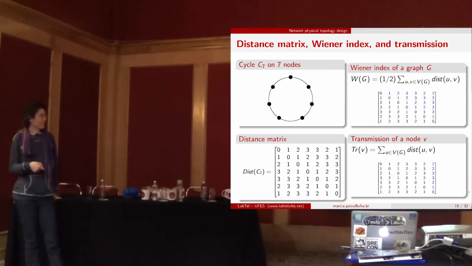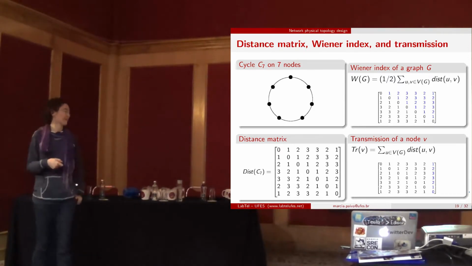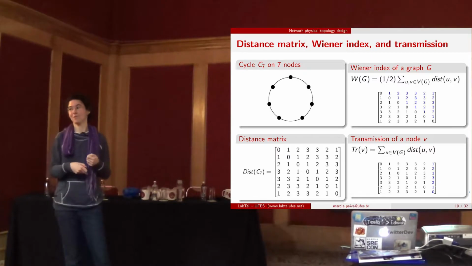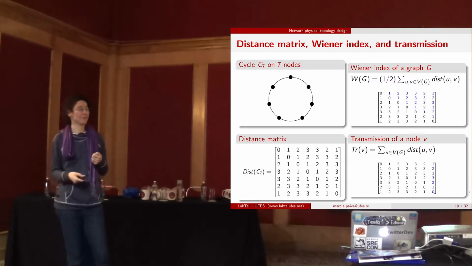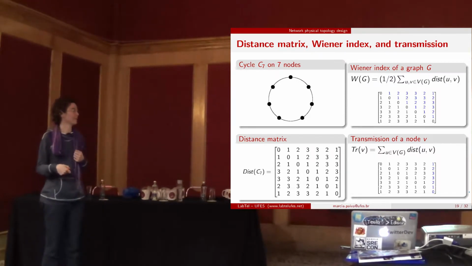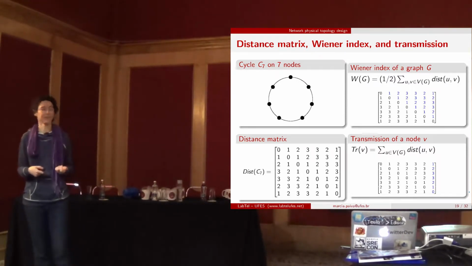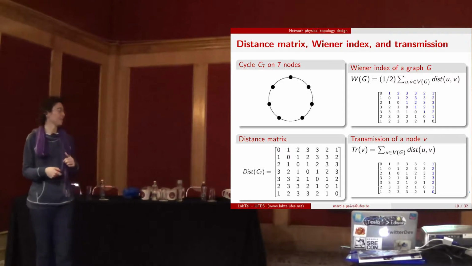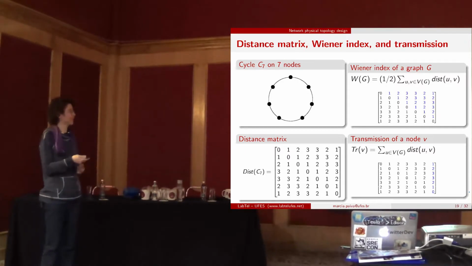Then the transmission of a node is just the sum of the distances from a particular node to all other nodes. So you just have to sum a row or column of the distance matrix. And if you sum the transmissions of each node, we have, of course, 2 times the Wiener index.